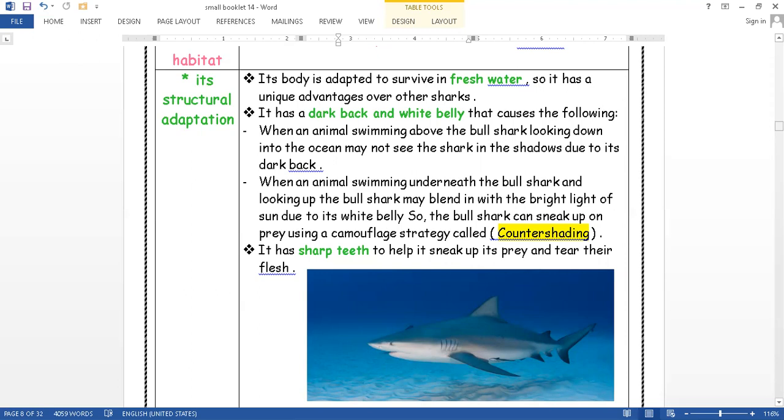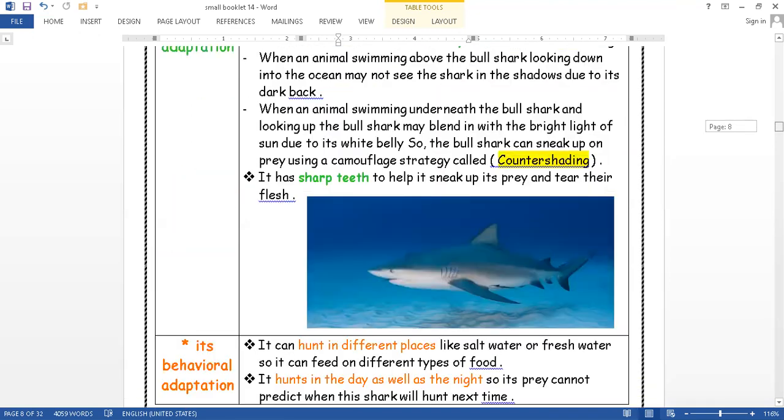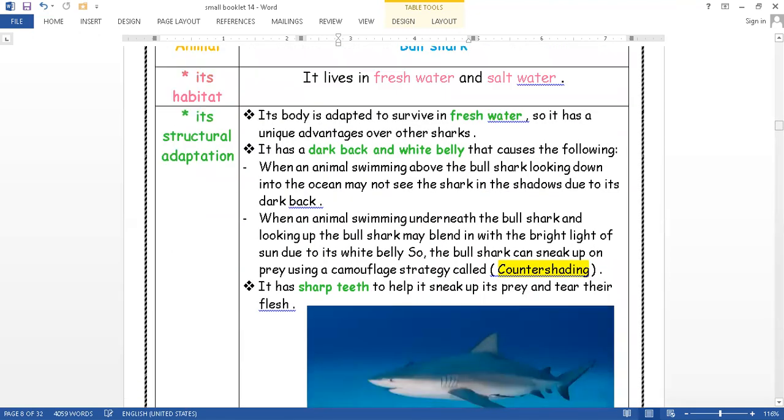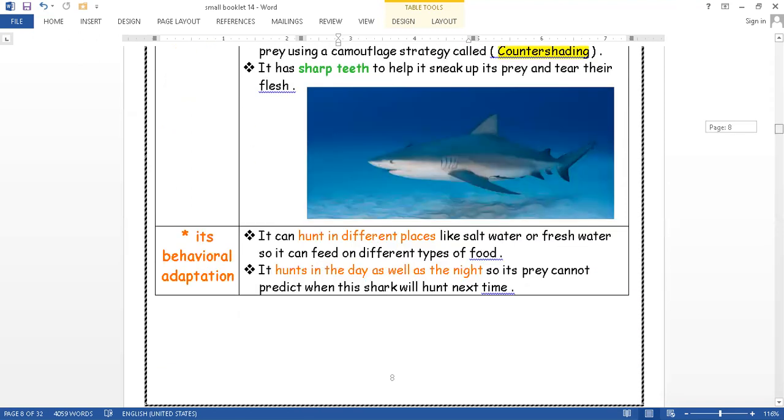The last thing in the structural adaptation is that it has sharp teeth. Why? To help it grab its prey and tear their flesh. Okay. Also, Junior 4, don't forget that all of these refer to the structure of the bull shark, so they are structural adaptations.